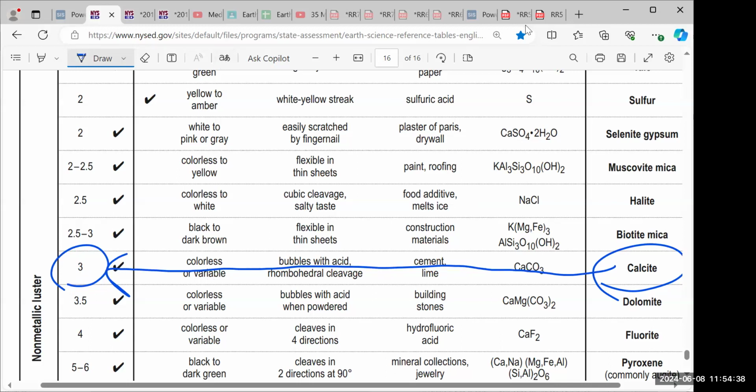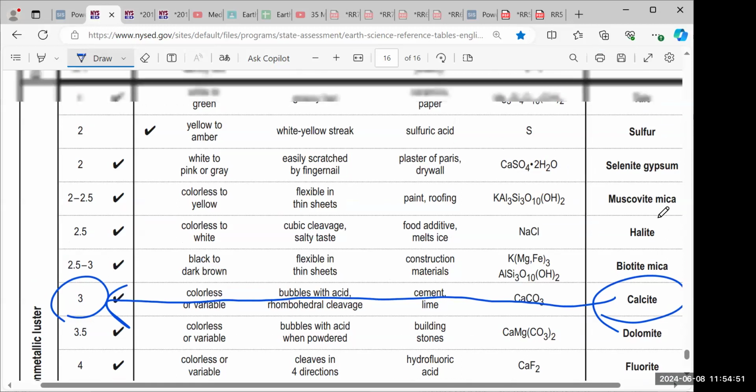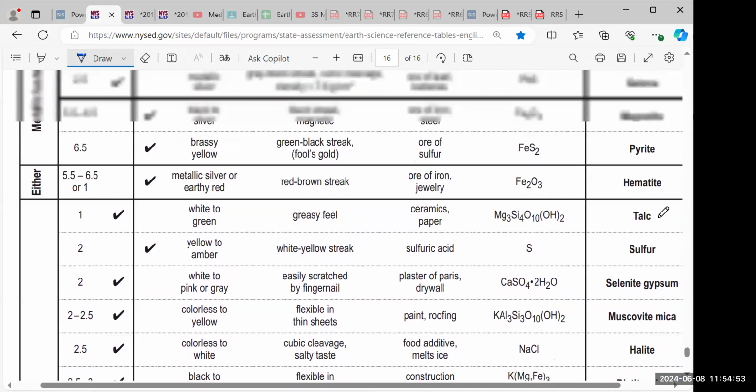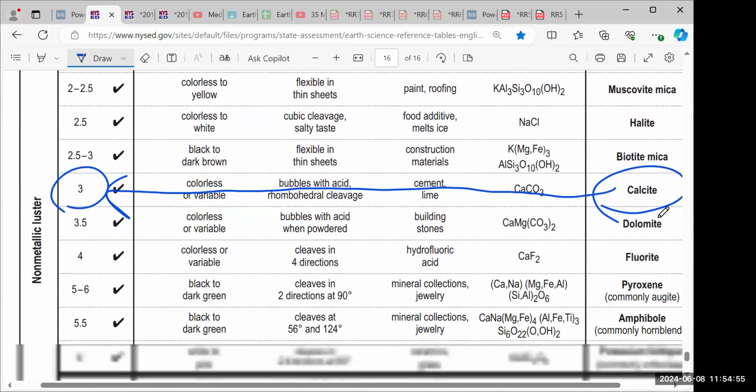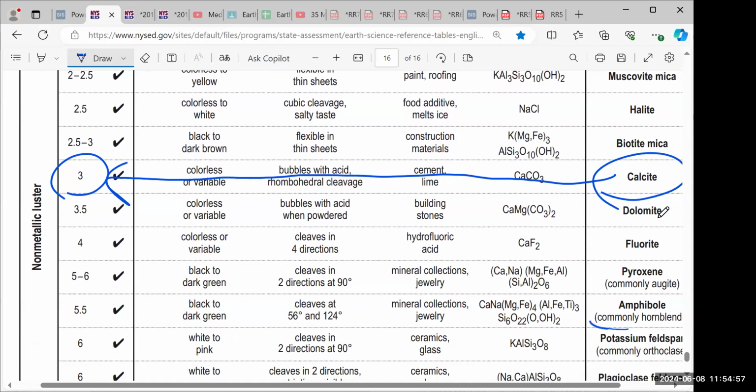And it says it can't scratch amphibole. If we look back in your packet, I'm flipping, so make sure you have your packet in front of you. It cannot scratch amphibole, right? So amphibole, where is amphibole? Right here. It has a hardness of 5.5.